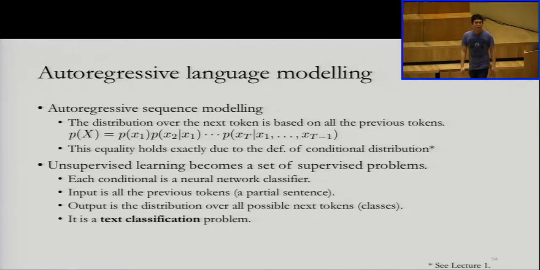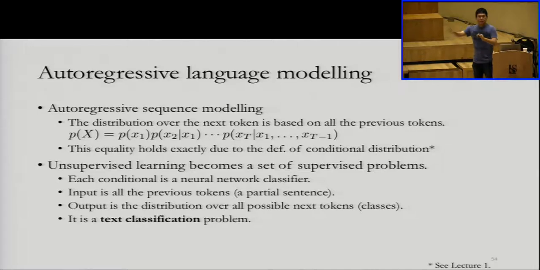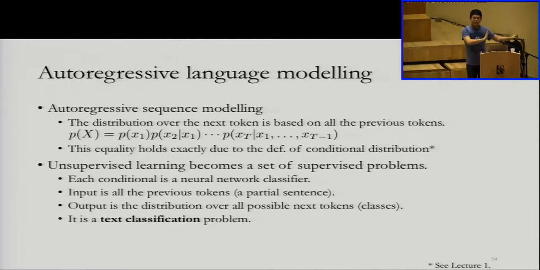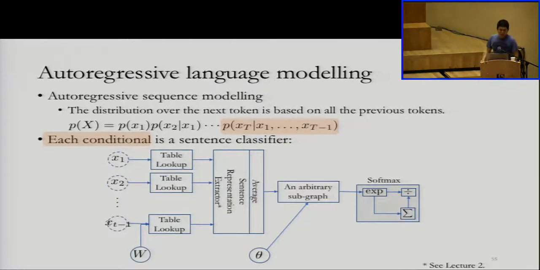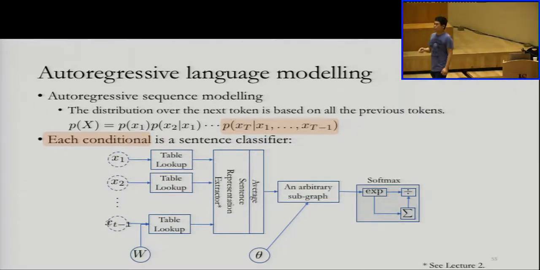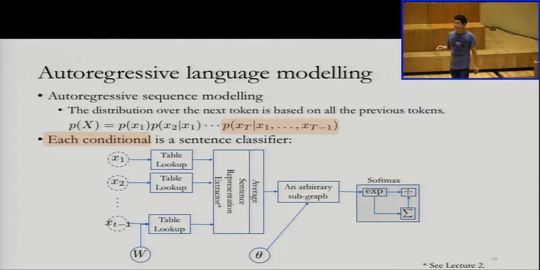All right. What this means is that whatever we have learned so far about text classification can be used as it is to build a language model of your choice. All we need is a single neural net text classifier that takes as input a sequence of previous tokens as a sequence of integers, which are turned into vector representations.